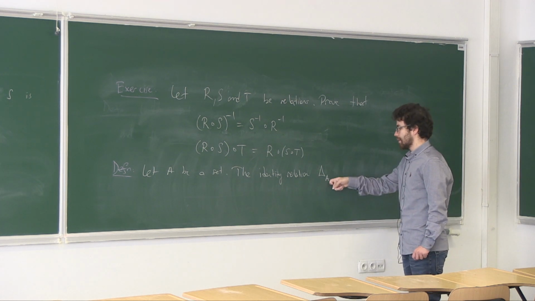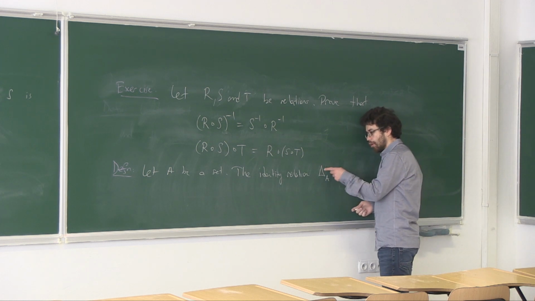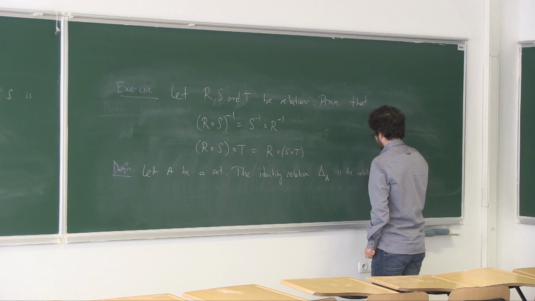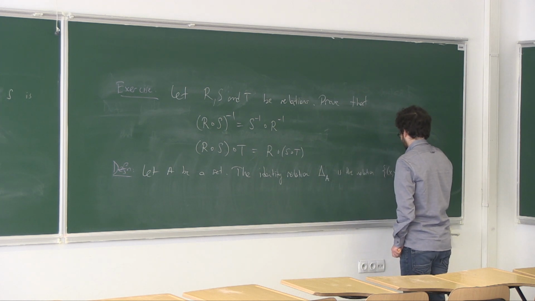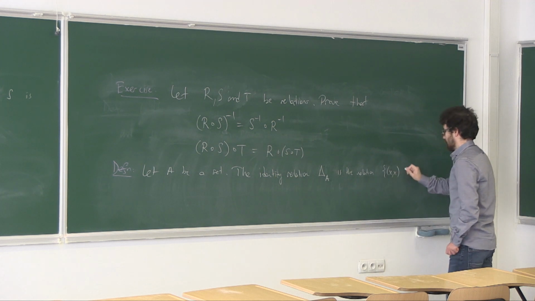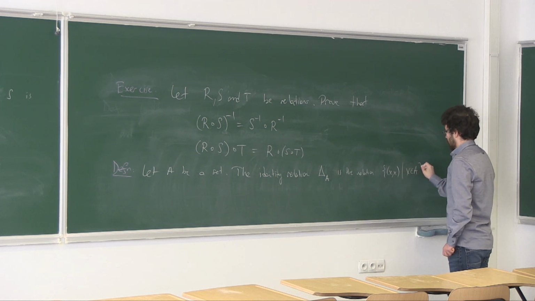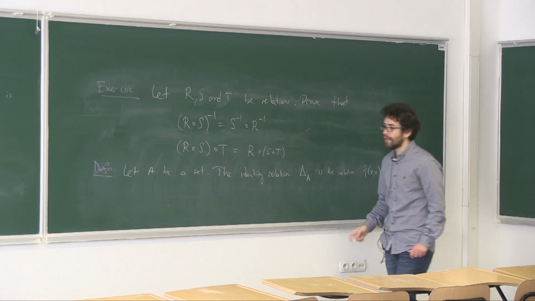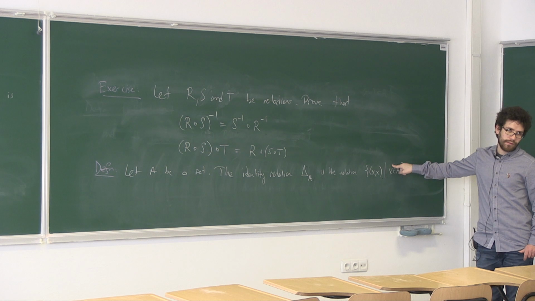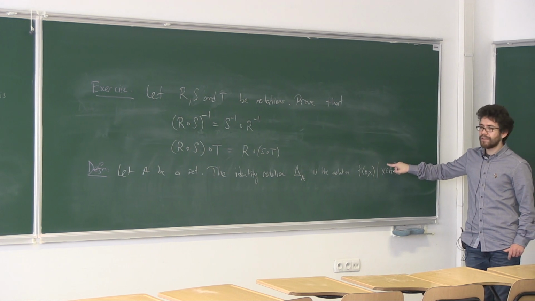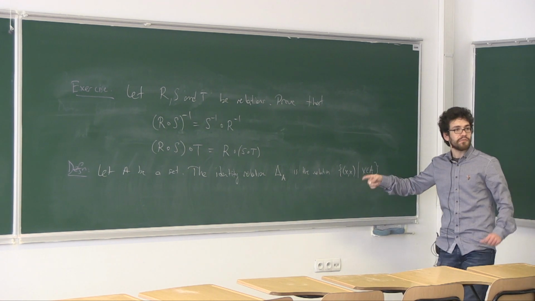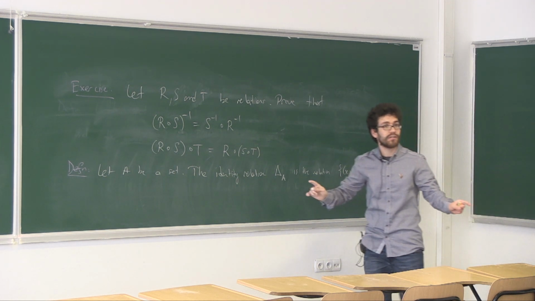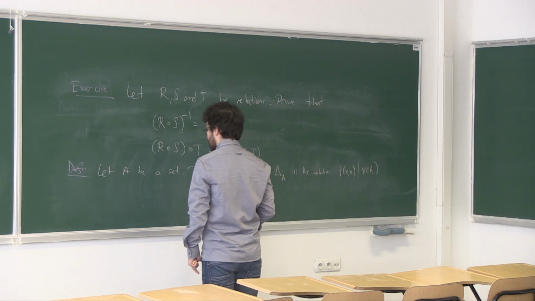The identity relation delta sub A, the identity relation on A, is the relation consisting of all ordered pairs (x, x) such that x comes from A. Okay, so all the things in A are related to themselves, but they're related to only themselves. This is the same as the usual identity function. Everything is sent to itself, except we don't really know what a function is at the moment. We will learn in a second.